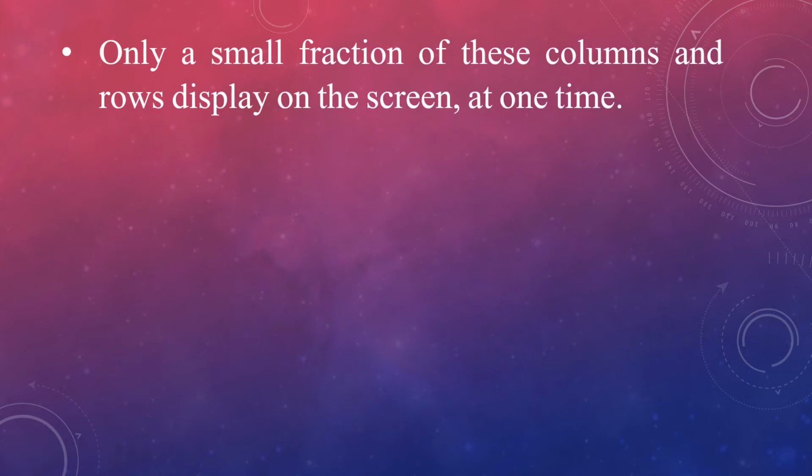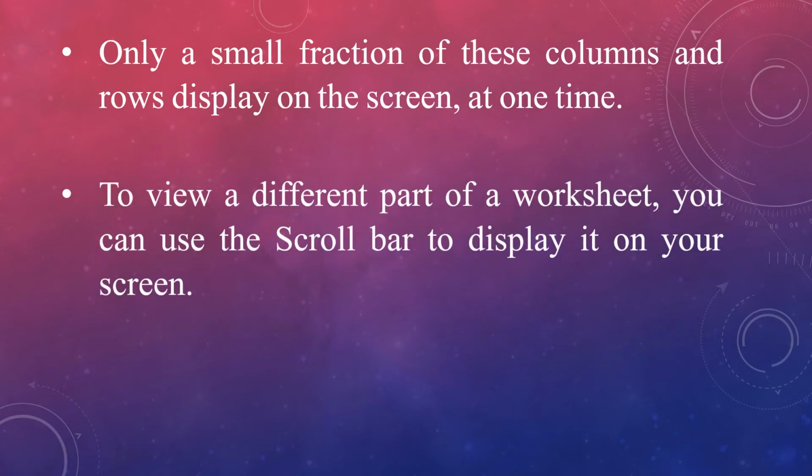Only a small fraction of these columns and rows display on the screen at one time. So children, you cannot see everything at one time. To view a different part of a worksheet, you can use the scroll bar to display it on your screen.